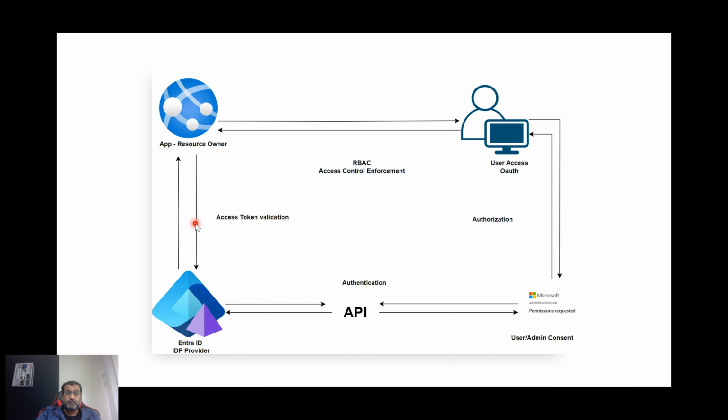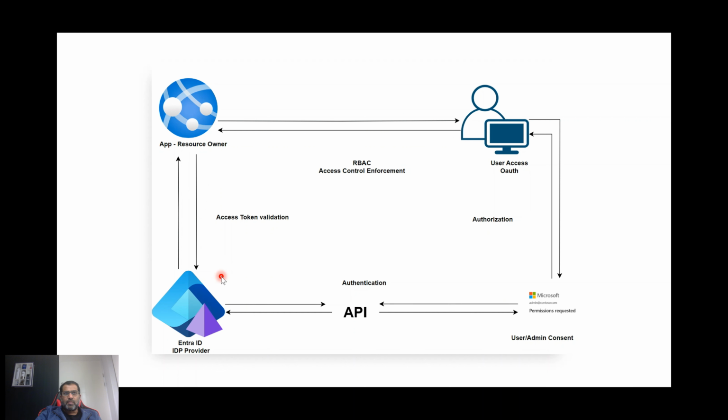The SaaS application cannot handle this itself, so it obviously requires an IDP provider, and that's the reason in this example we have Entra ID as the IDP. So Entra ID would challenge the user to authenticate, for example with username and password, and then modern authentication, for example MFA.